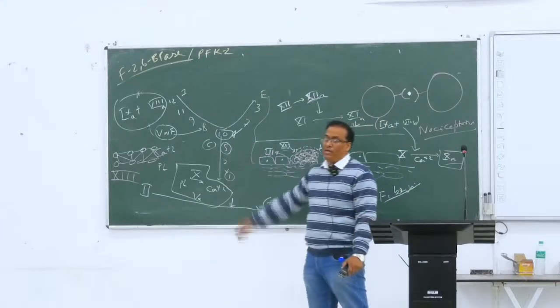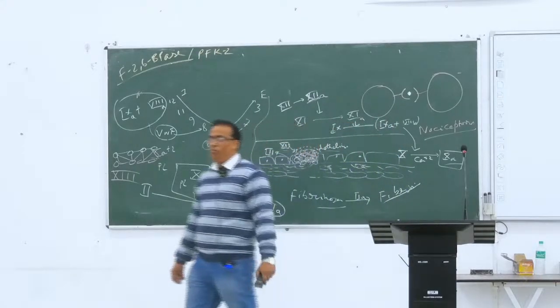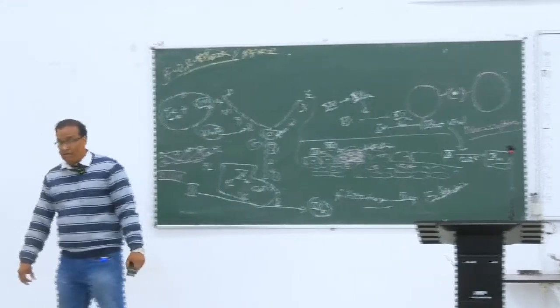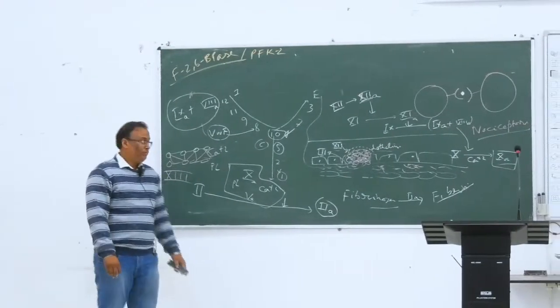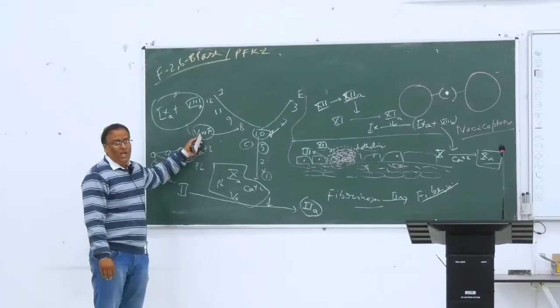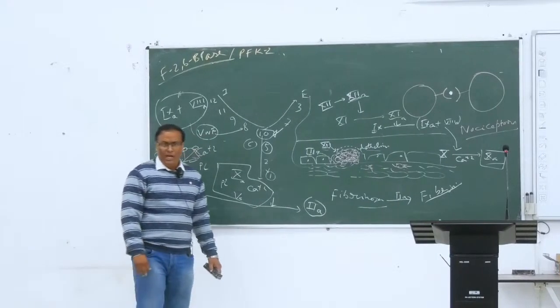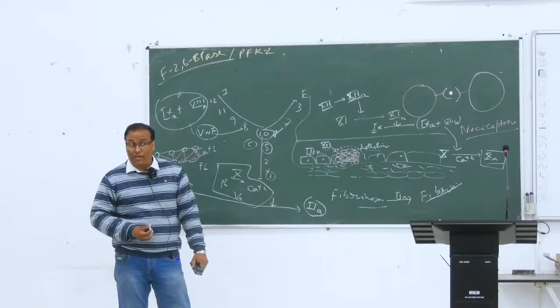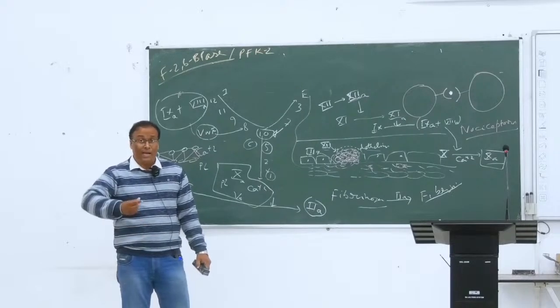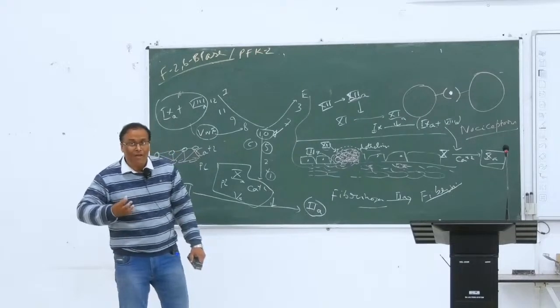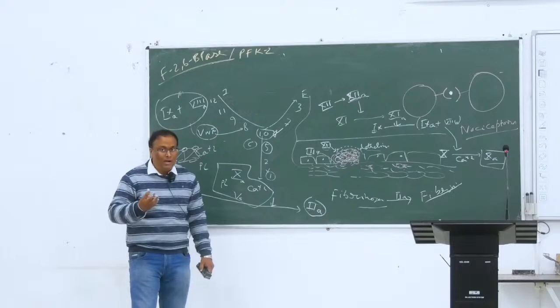Suppose von Willebrand disease, you already know in your bulletin, von Willebrand factor deficiency. If it is deficient, think about that, what will happen? It will not increase the half-life of factor 8. If the factor 8 half-life is not increased, then the factor 9 and factor 8 complex will be unstable.